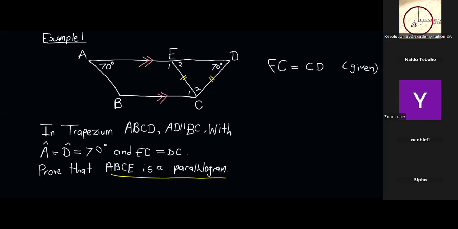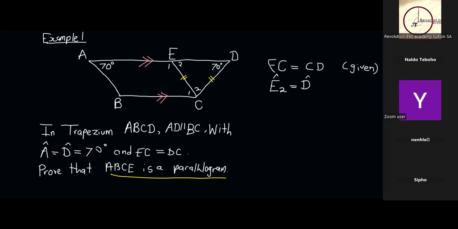And then from that statement, I will write that angle E2 is equals to angle D. So that will be opposite sides equals opposite angles.